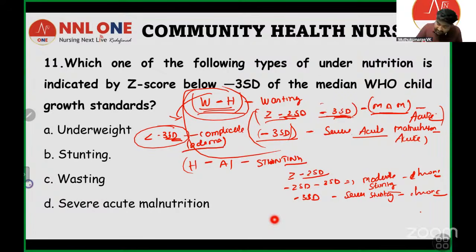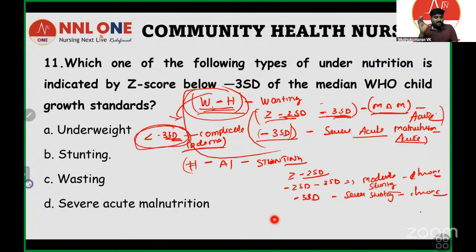If they have given less than minus 3 SD, and the word edema comes, then malnutrition is there and it is complicated. Acute malnutrition complicated, that is less than minus 3 SD and edema is present. Okay, is it clear now? That is for weight for height.